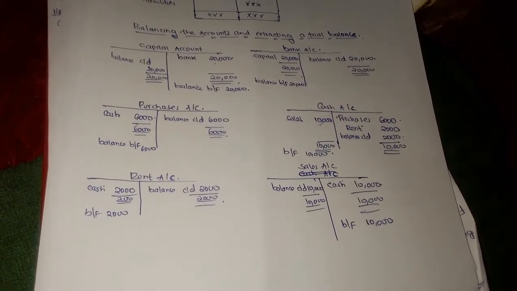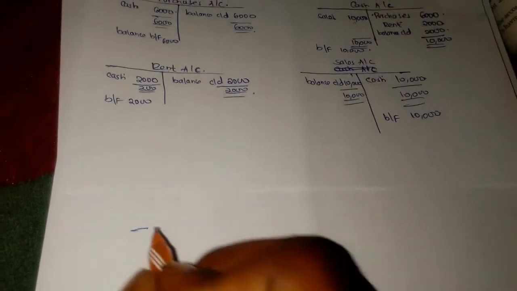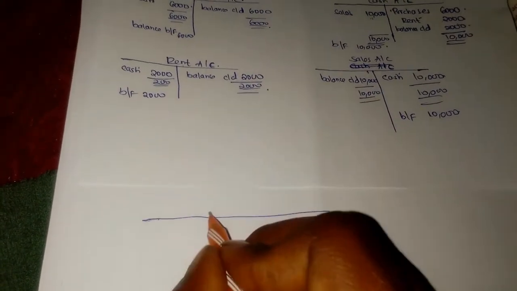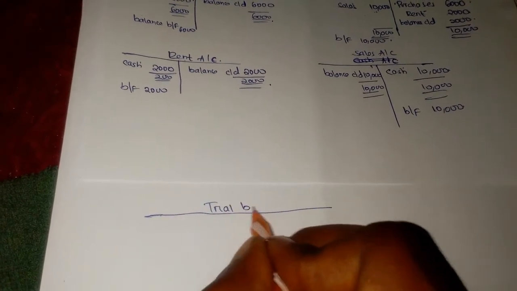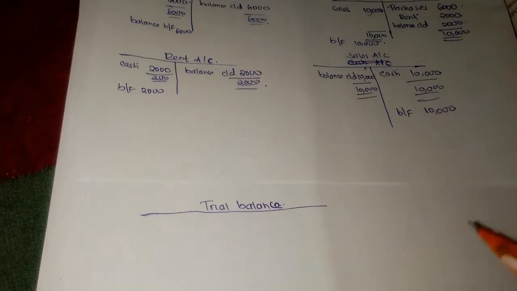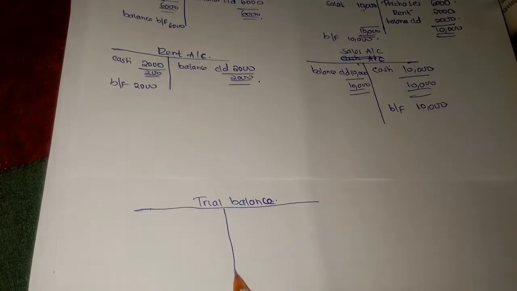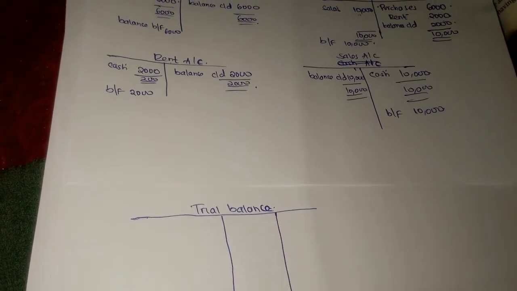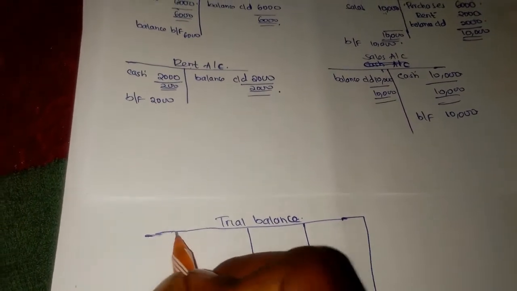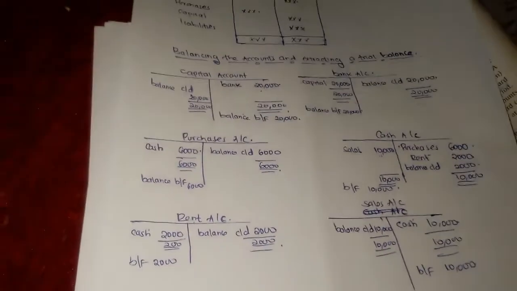So the next step is we are going to extract a trial balance. So we come up with the table. That is our trial balance. From the trial balance, we start with capital.